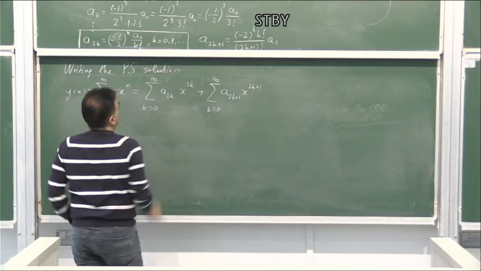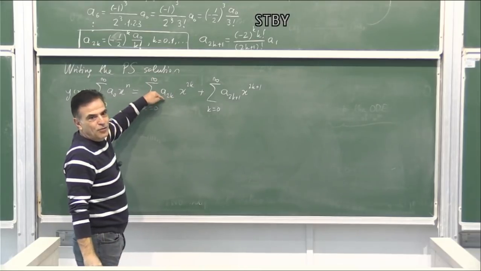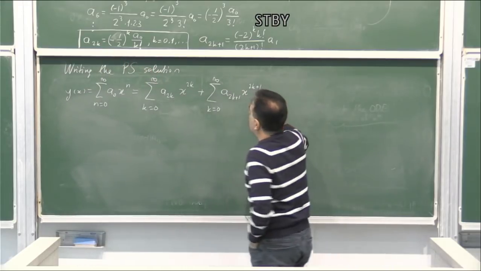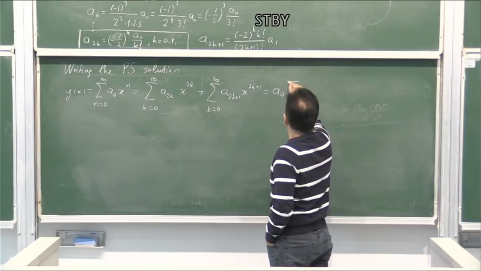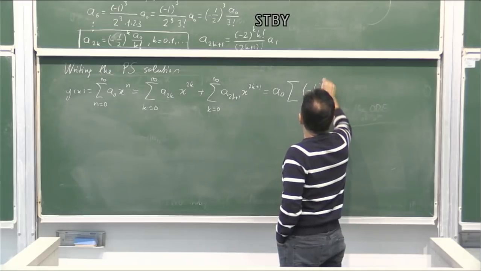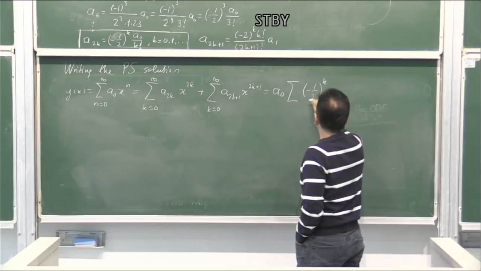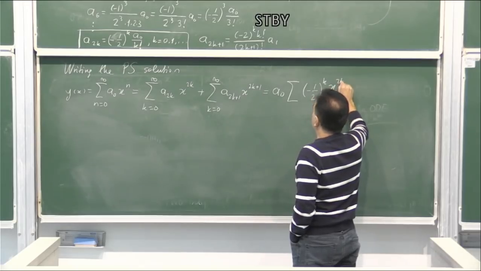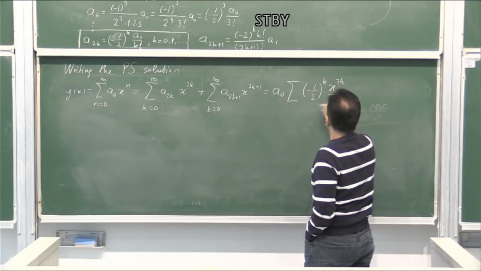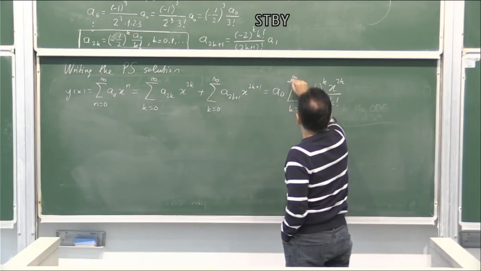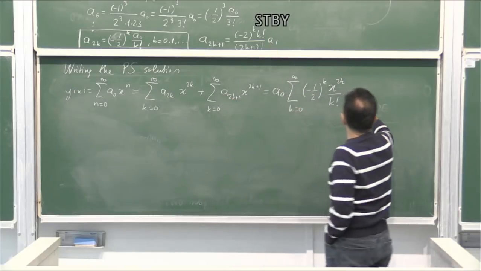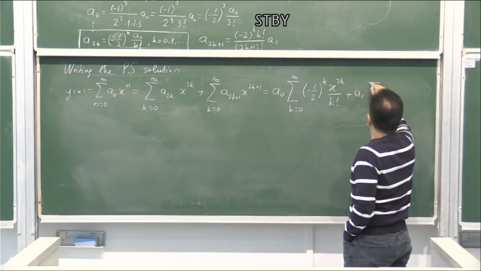Good. And using the calculated formula, nice formula for a2k and a2k plus 1, we have a0 times the sum of minus 1/2 to power k over k factorial times x to power 2k, and a2k plus 1 are proportional to a1. a1 may be written outside the sum.